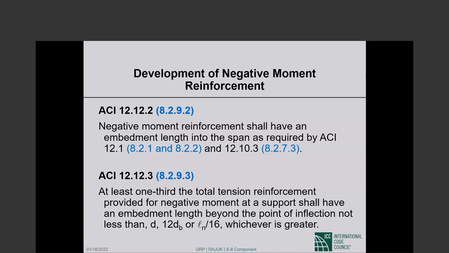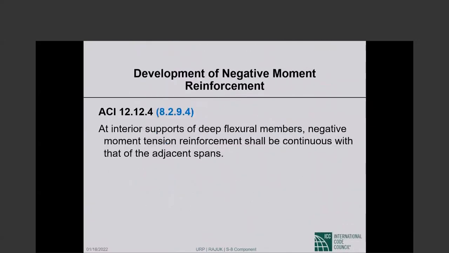Okay, so at least 1/3 of the total tension reinforcement provided for negative moment at a support shall have an embedment length beyond the point of inflection. This is negative reinforcement, not less than D, 12 bar diameters, or L sub n over 16, whichever is greatest.